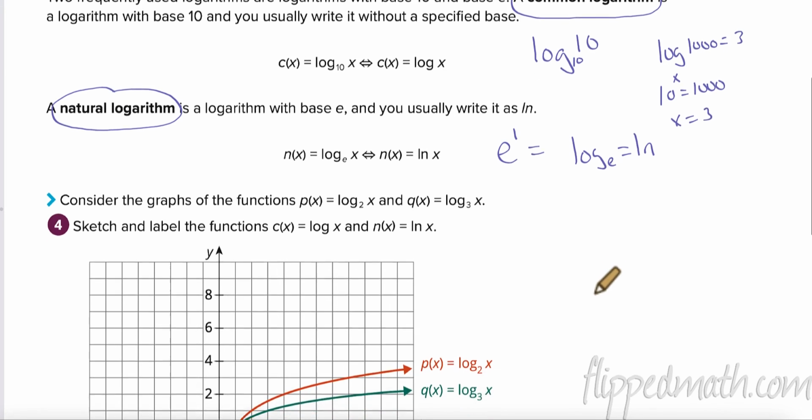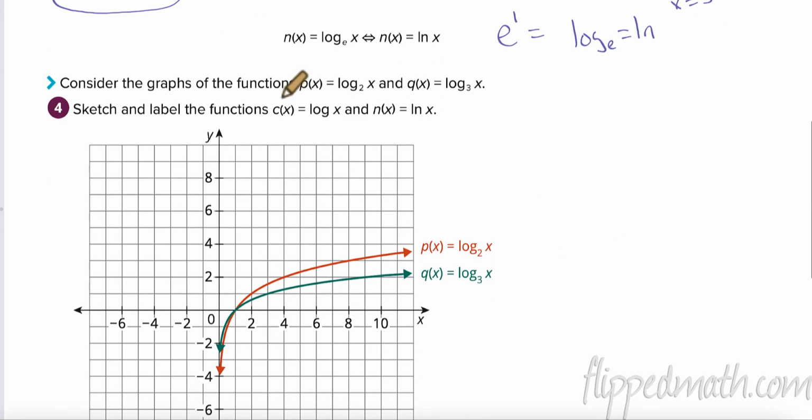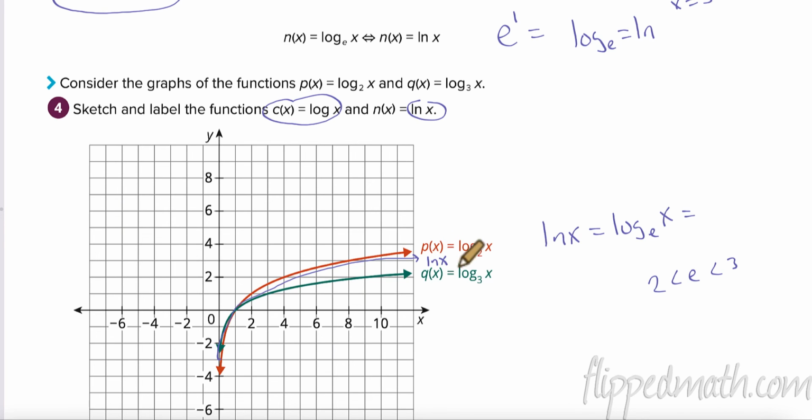All right, so they want us to graph these two things here, all right? And we have log base 2 and log base 3. Well, I know that the natural log of x is the log base e of x, and I know that e is between 2 and 3. So guess what? Its graph is going to go between 2 and 3. All right? So that would be the natural log of x.